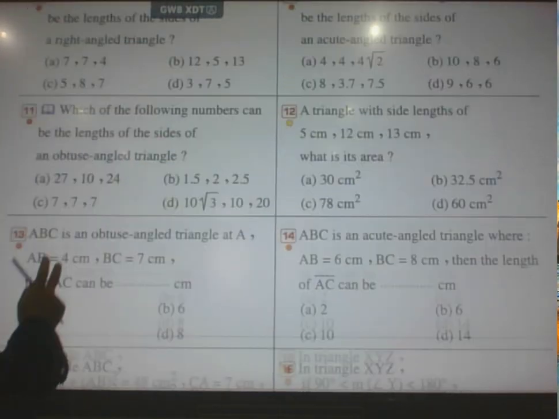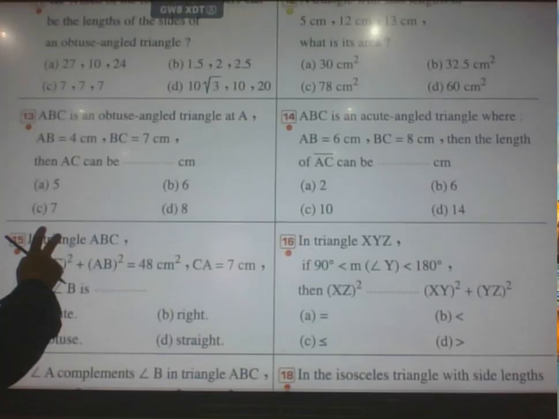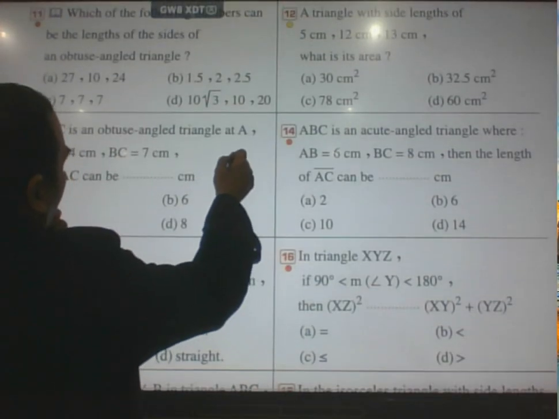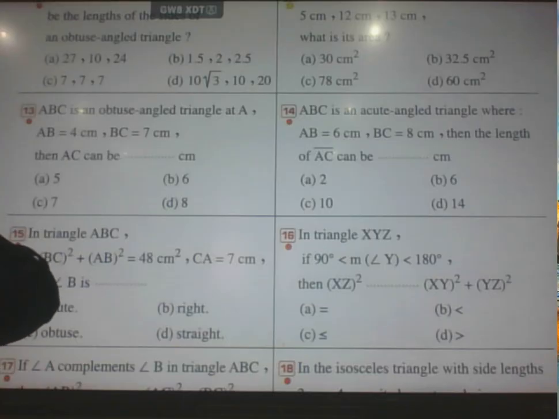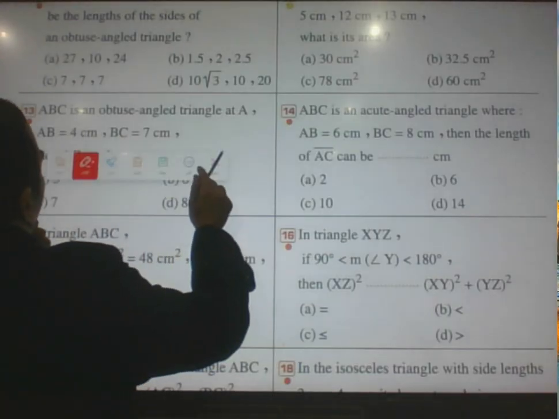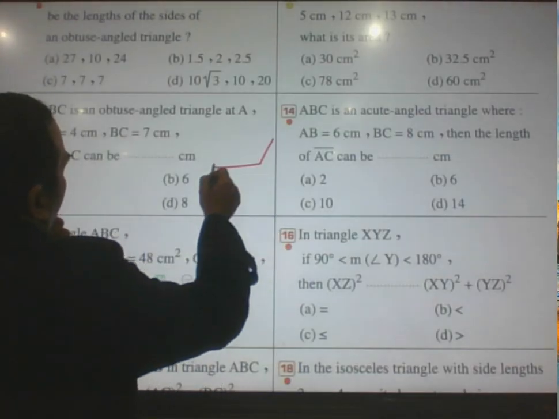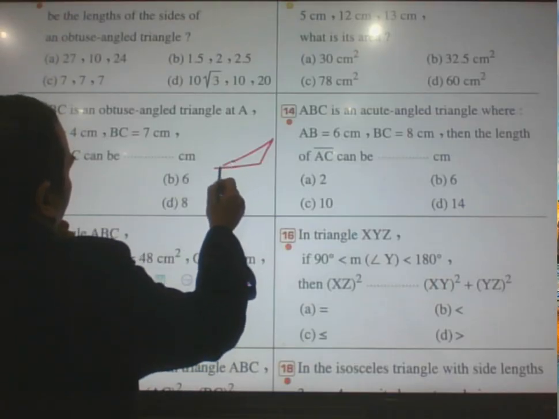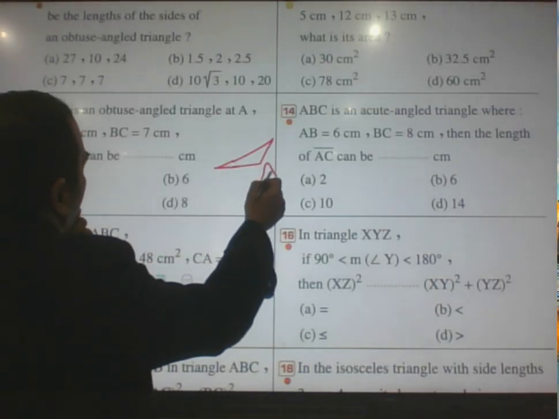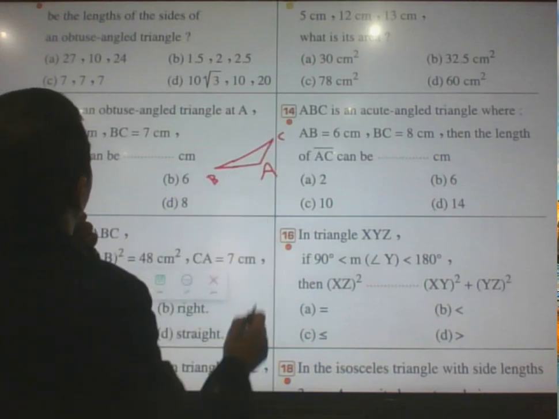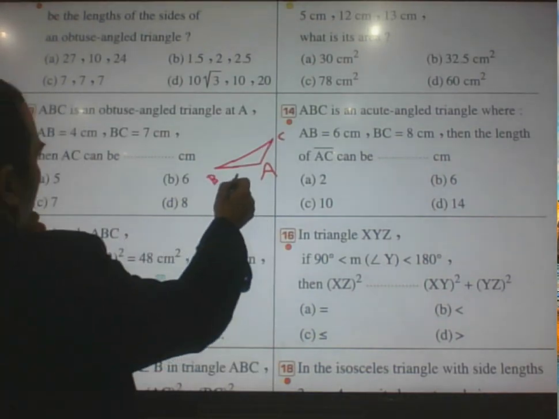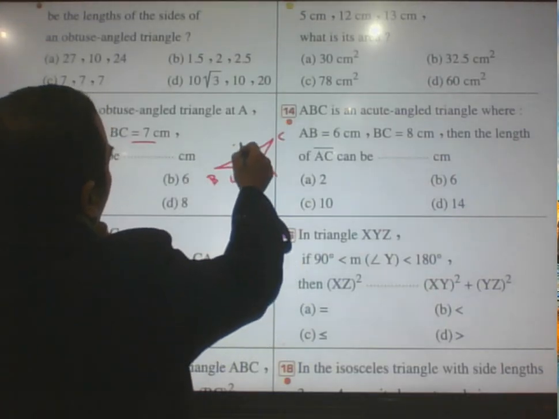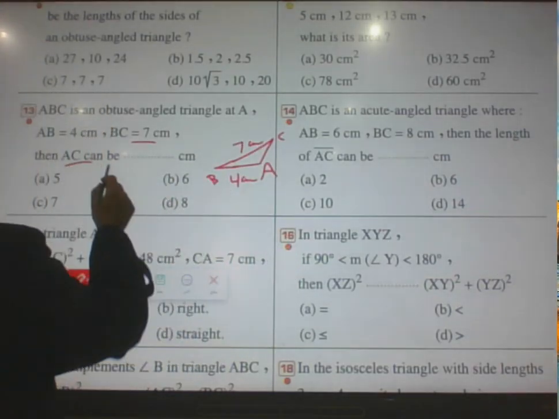Next question. Number 13. ABC is an obtuse angle triangle at A. Like this, we have an obtuse angle triangle at A. AB is 4 centimeters and BC is 7 centimeters. He wants to find what AC can be.